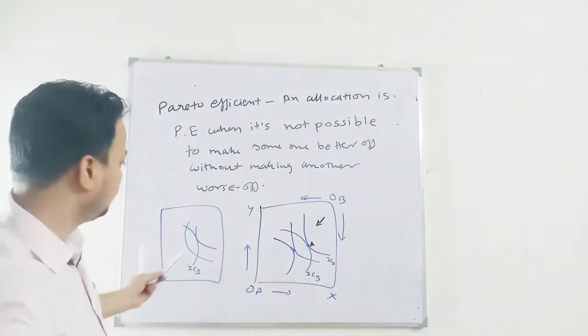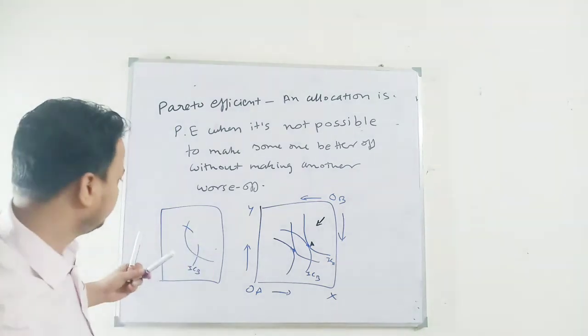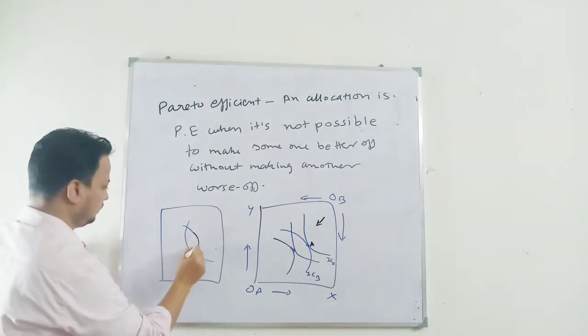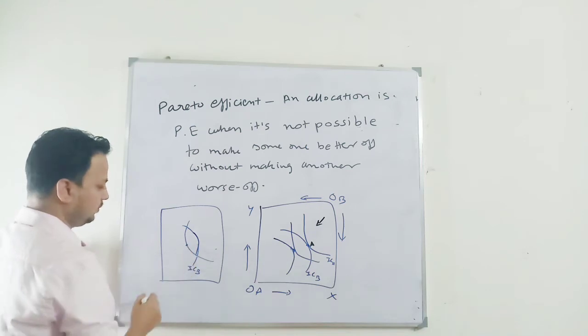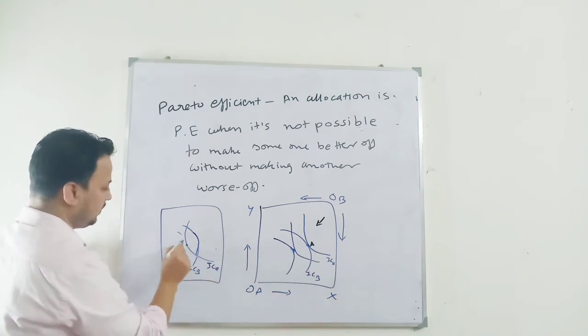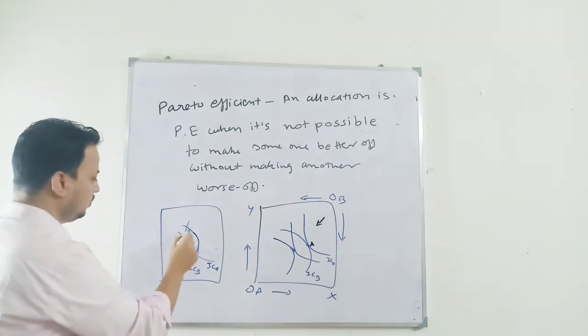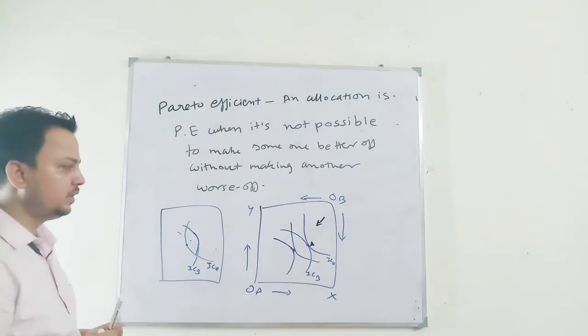So this is a Pareto improvement. Similarly here, this is the indifference curve of A. I can move the indifference curve of B and make a Pareto improvement. Or in between both can move and we have a Pareto improvement.